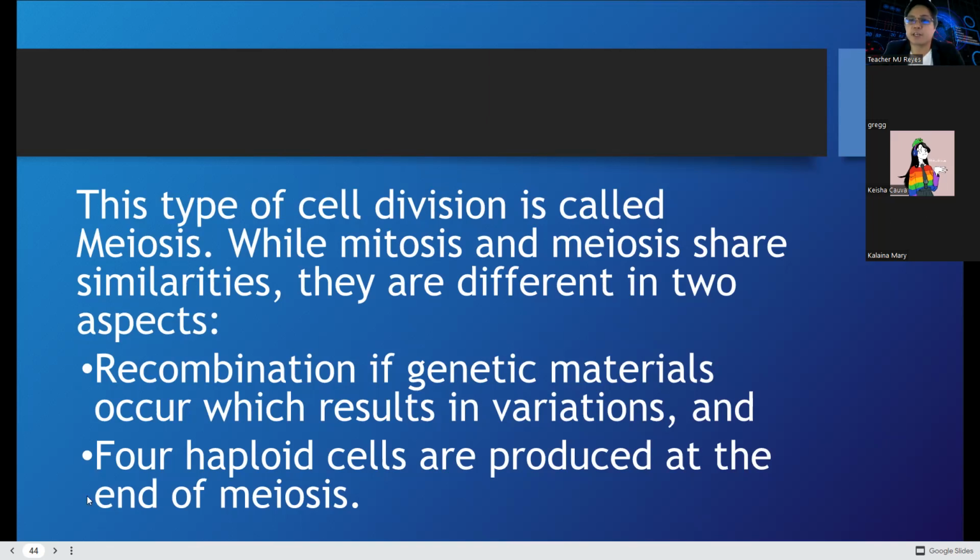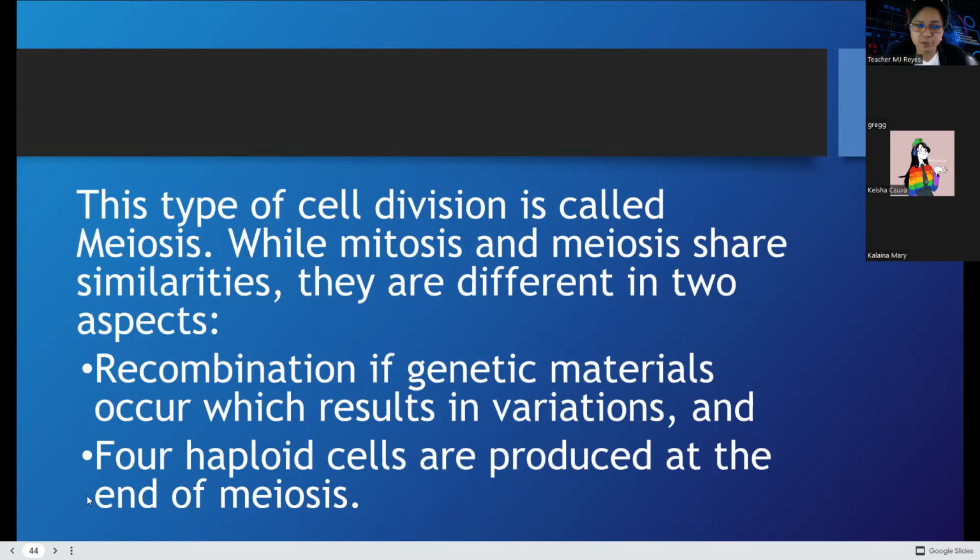If mitosis produces 2 daughter cells at the end of the mitotic cycle, in meiotic cell division we end up with 4 daughter cells with the haploid number of chromosomes, or half the number of chromosomes. This is to maintain the species.